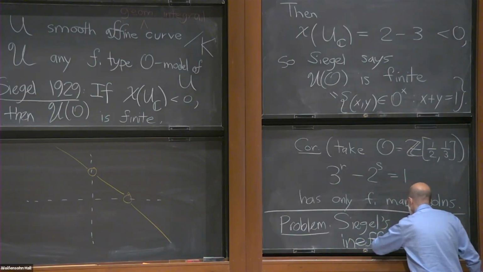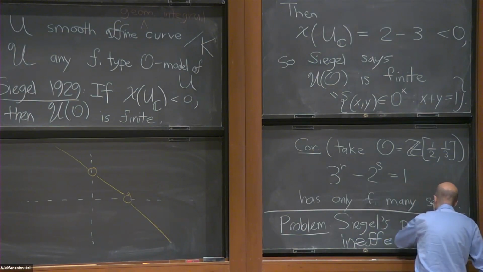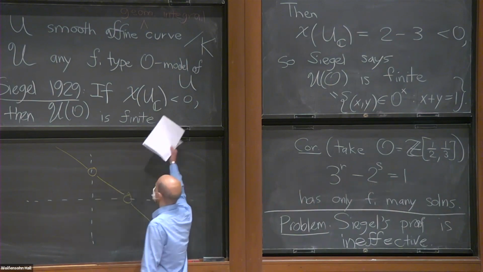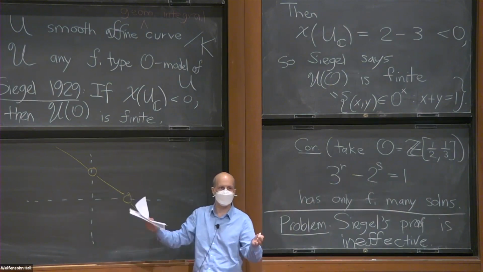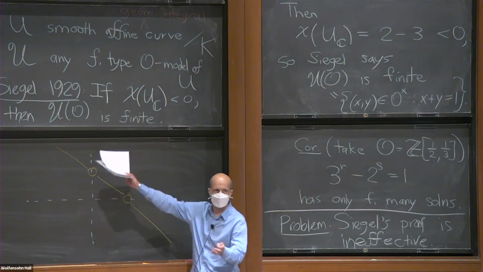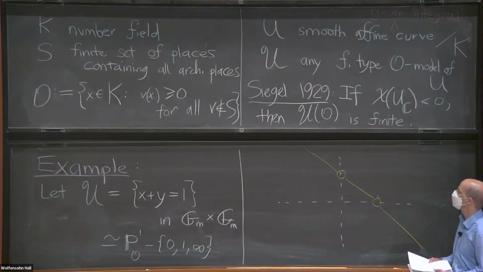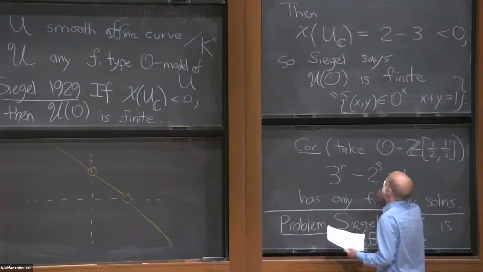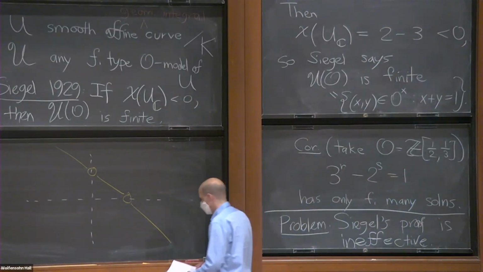Okay, so that's not the end of the story. By the way, I also didn't talk about the case where the Euler characteristic is greater than or equal to 0, but there are only a few such geometric types, and in those cases we know how to describe the integral points. So I'm not going to talk about those cases. All right, so what do you do in this situation now?